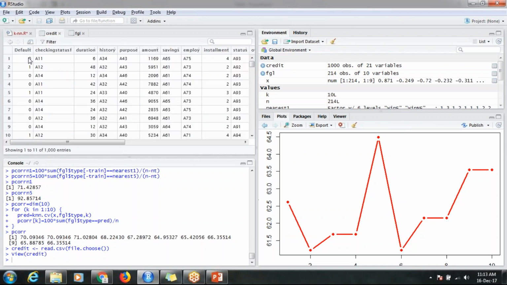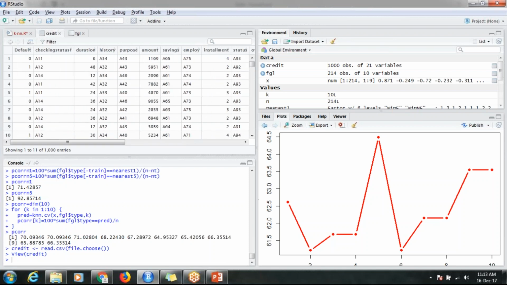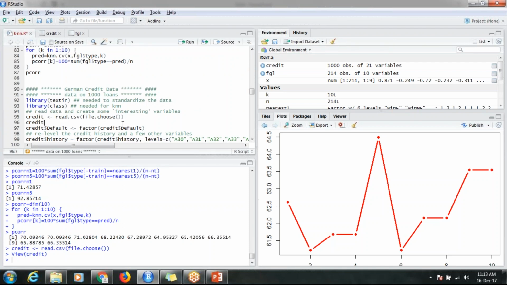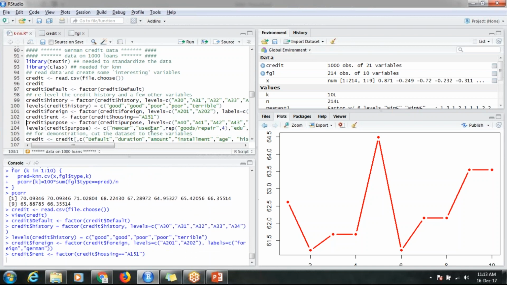Again, as I said earlier, it was default: does the person default or not? And these are the codes that I have to change into my correct labels. So let us do that. I have an R code written for that already. I will run that and let's check the results.